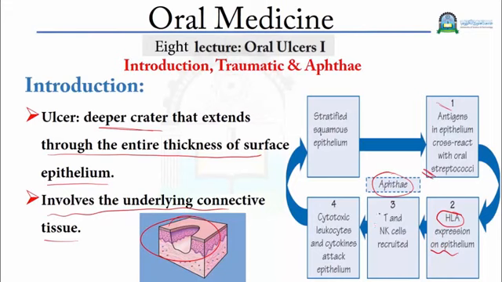Then the T lymphocytes and the natural killer cells are recruited, so there is inflammation. Then the cytotoxic leukocytes and the cytokines attack the epithelium, so there is a role of immunity in the pathogenesis of ulcers, attacking the epithelium and leading to destruction of the stratified squamous epithelium.